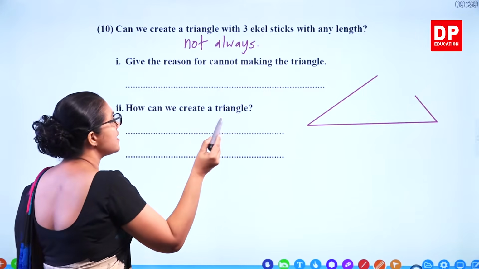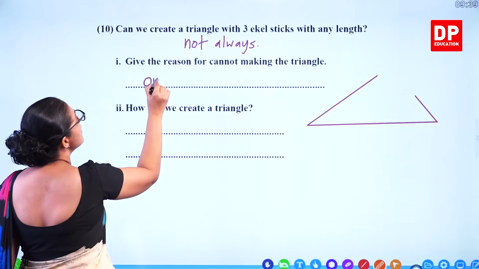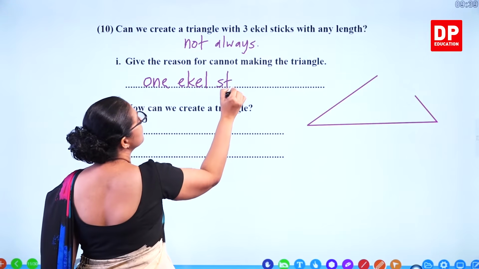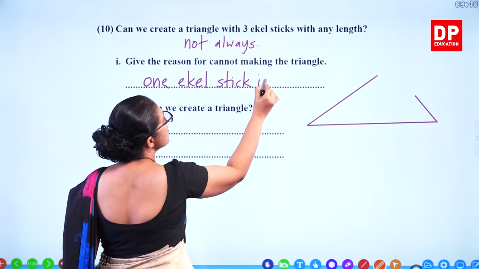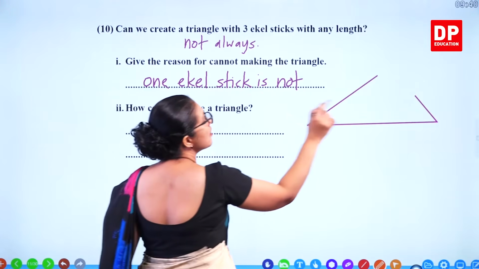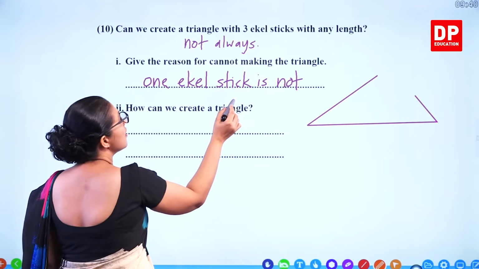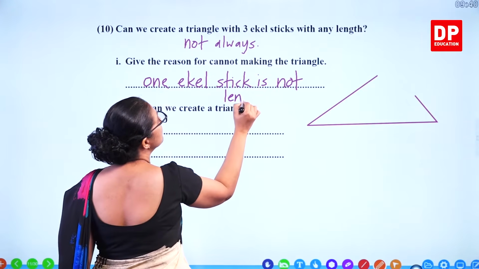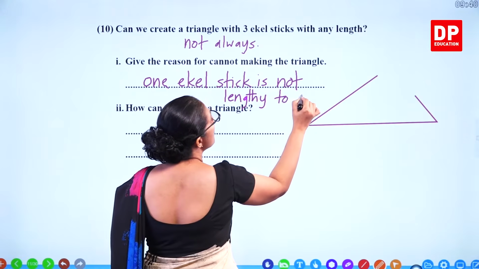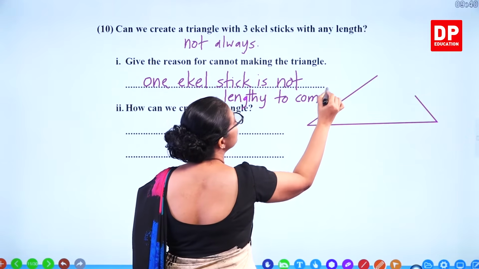So we can write: one equal stick is not lengthy enough to complete the triangle.